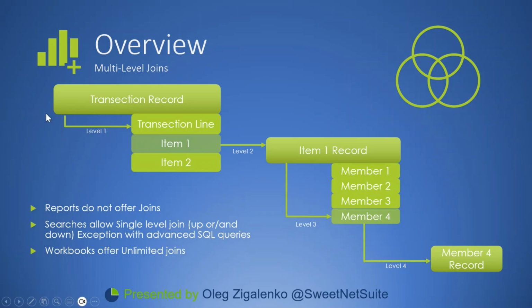So you can go to the customer and see what other items they ever bought. You can go from the transaction to the customer, from the customer to other transactions, and then from those transactions to items. So you can split up and have this multi-level in different directions. And that's the beauty of this.